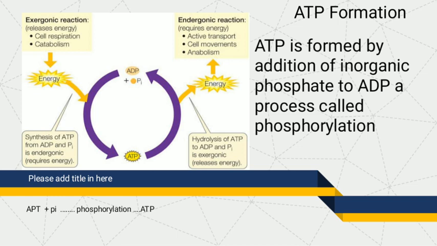Now let's consider this diagram here. Here there is ADP plus a phosphate group to form ATP, and you can see on this side that the synthesis of ATP from ADP and a phosphate group requires what?